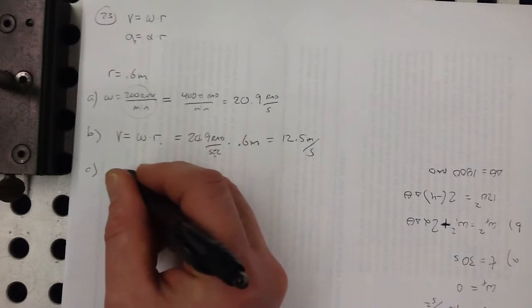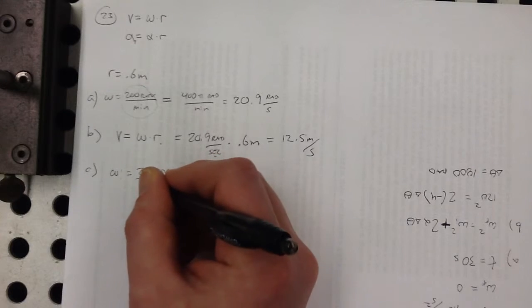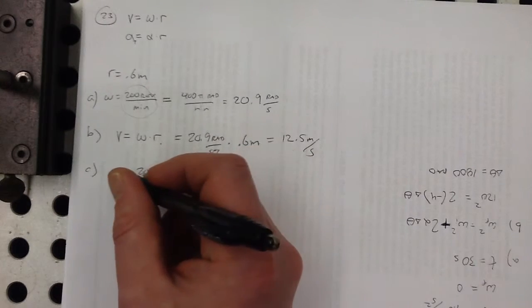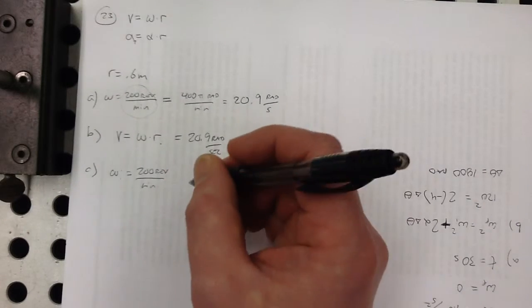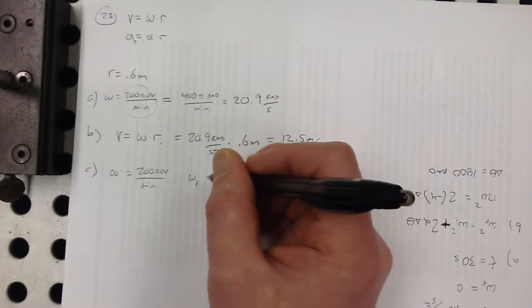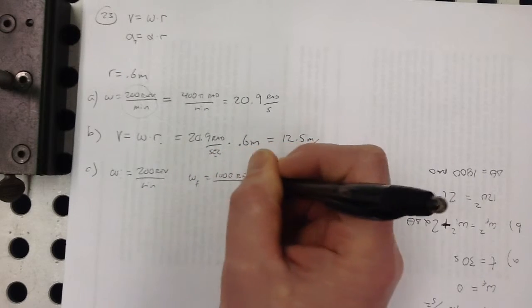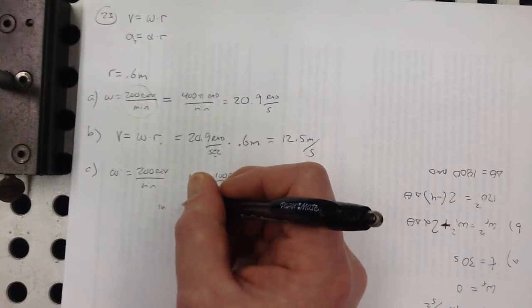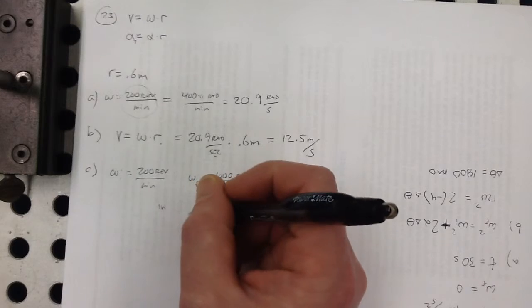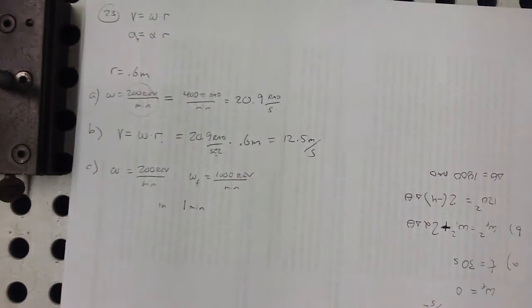So if I have an initial velocity of 200 revolutions per minute, we want to get to 1,000 revolutions per minute in 60 seconds, which is 1 minute, right?